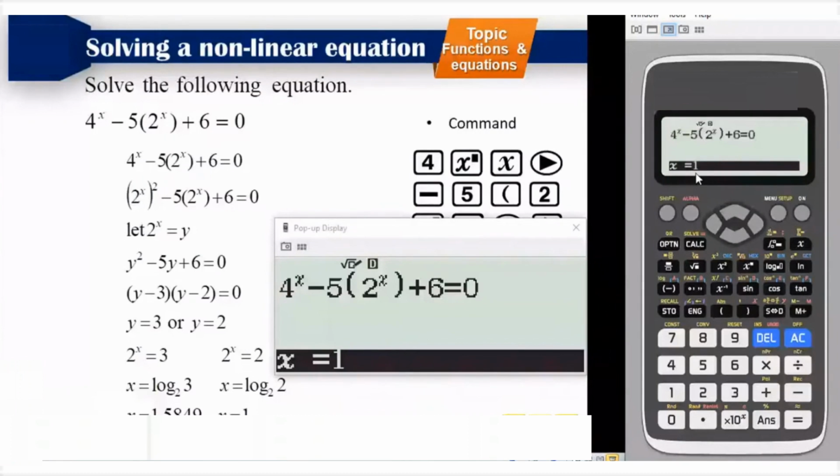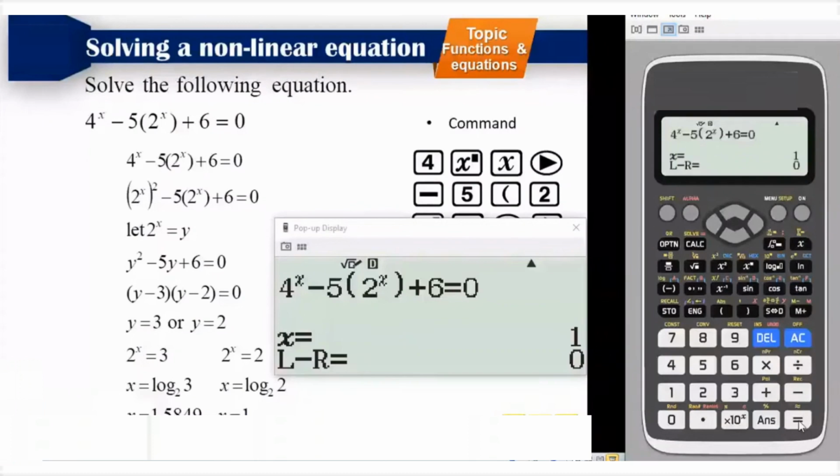If I do not change the stored value of x, and I press equals, the calculator will give me again that the value of x is 1, which I had already achieved earlier. I am trying to check whether there is another value of x or not.